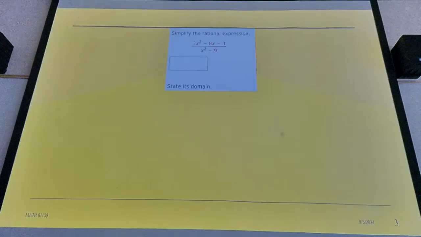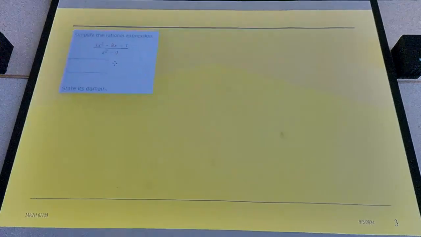Simplifying a rational expression. First thing we want to do, completely factor the numerator and the denominator.